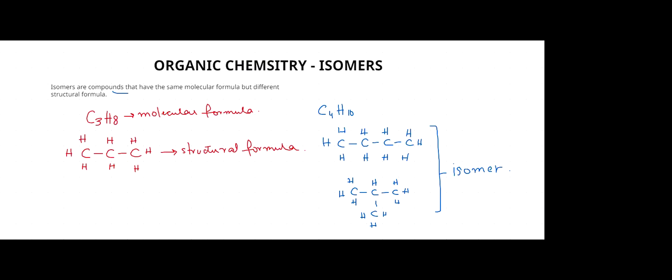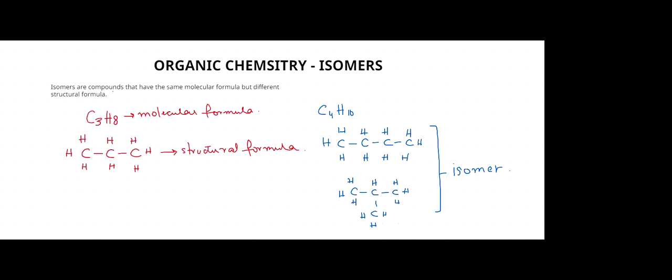By molecular formula, we mean that they have the same number of carbon atoms and the same number of hydrogen atoms. I'm using a simple molecule in organic chemistry. You will study alkenes, and alcohols have oxygen in them.